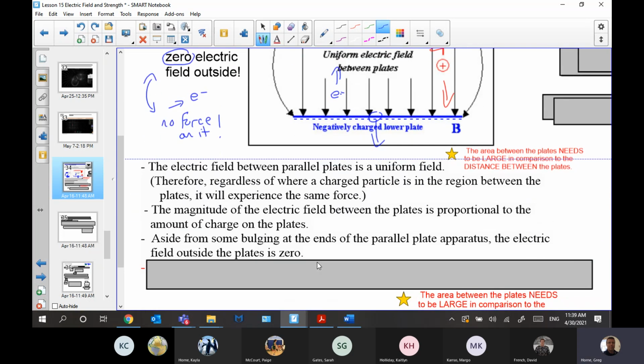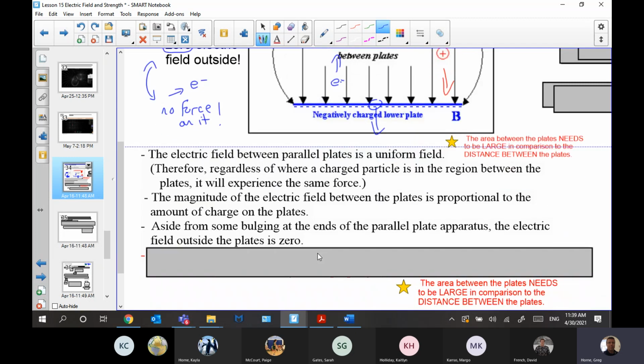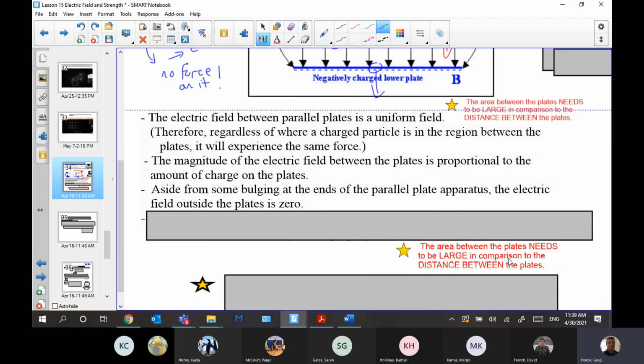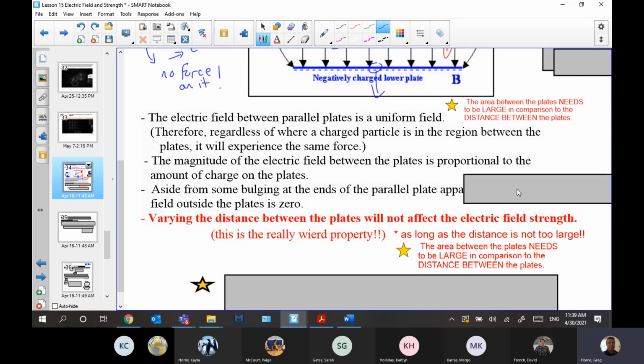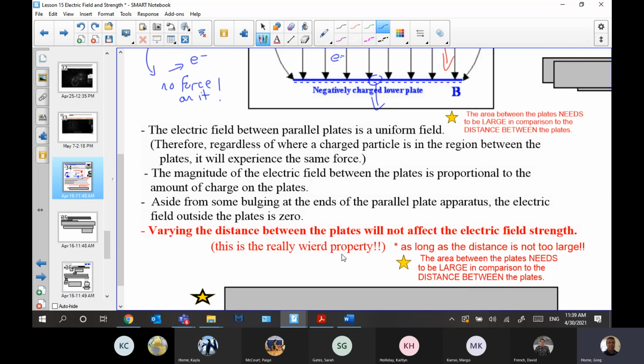So a weird thing that's true about this: as long as the distance between the plates is small in comparison to the surface area, you can vary the distance and it doesn't change the electric field strength. You can make them twice as far apart or twice as close together, and it does not change the strength of the electric field at all, which is weird.